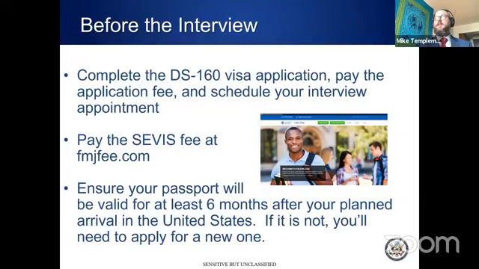And by program start, in this case, I actually mean the time that you physically arrive in the United States. So if you have a passport that expires in September, October, but then your program doesn't start until the following August, you're going to need to get a new passport. You have to make sure that your passport has at least 6 months on it. Okay.